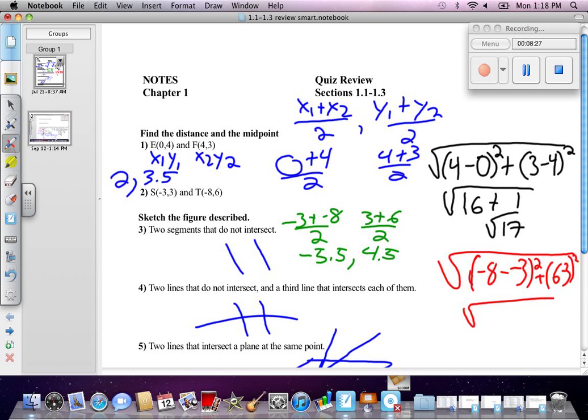This becomes positive. So negative 8 plus 3 is 5. 5 squared is 25. 6 minus 3 is 3. 3 squared is 9. 25 plus 9 is 34. Square root of 34. I don't have to figure out what it is because it doesn't say exact answer. 34 is not a perfect square. Okay, again, if you got a calculator, just stick it all in there at once.